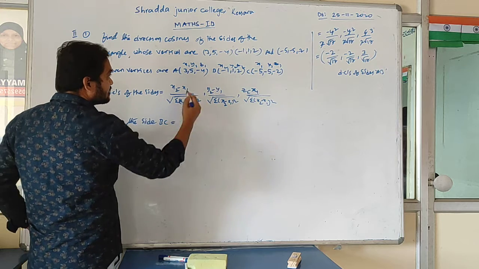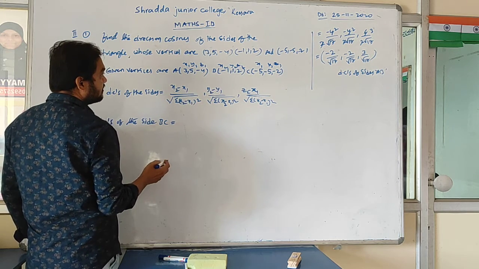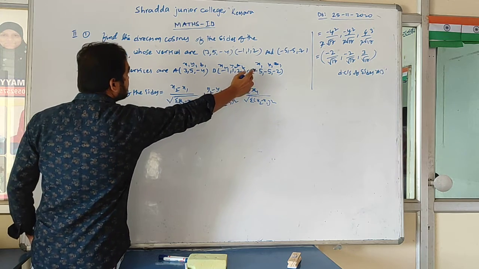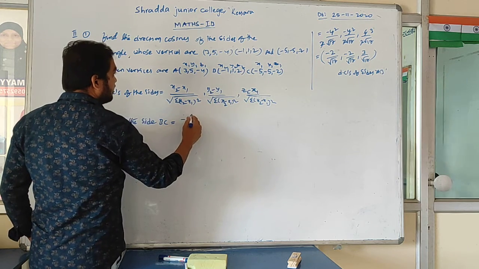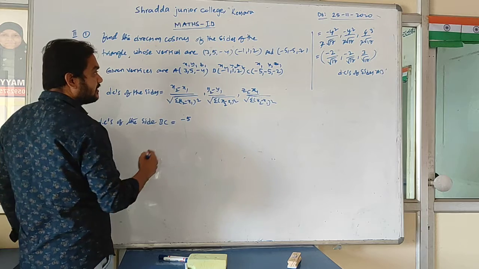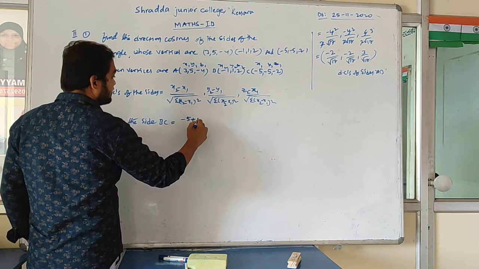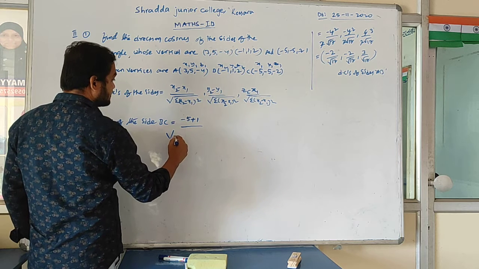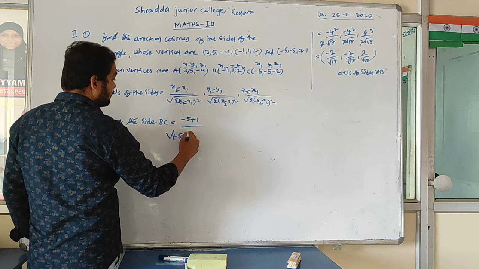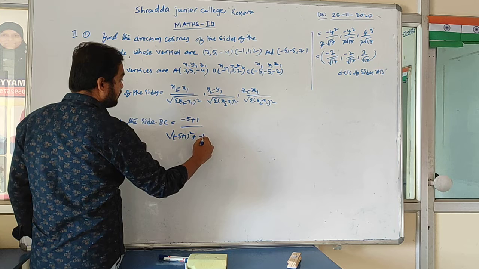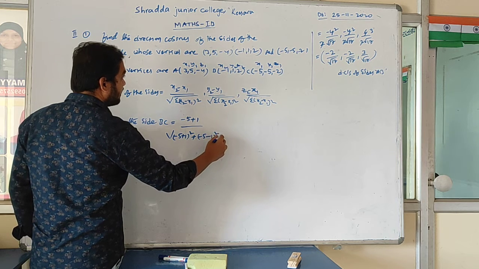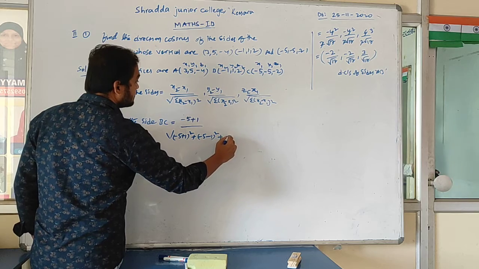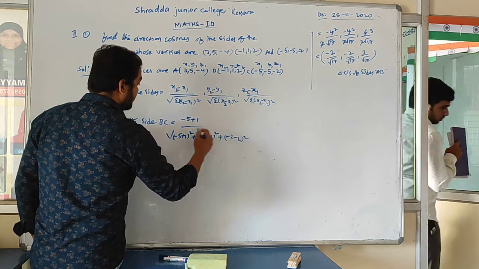What we are getting here is x2 minus x1, that is minus 5 plus 1, by the square root of (x2 minus x1) whole square plus (y2 minus y1) whole square plus (z2 minus z1) whole square.